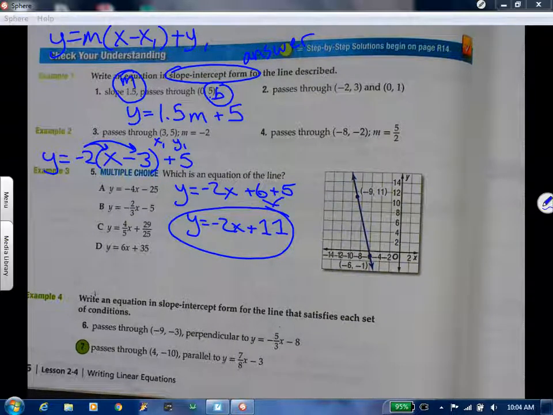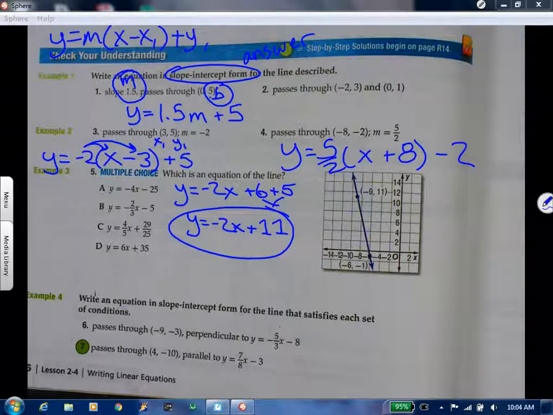Now when you put in, here's your first step. You have a plus 8. You see how your x value is a negative 8? So your formula is x minus a negative 8. So if you minus a negative, that changes that to a plus. Okay, so it should be plus 8. And now your last number is going to be minus 2.